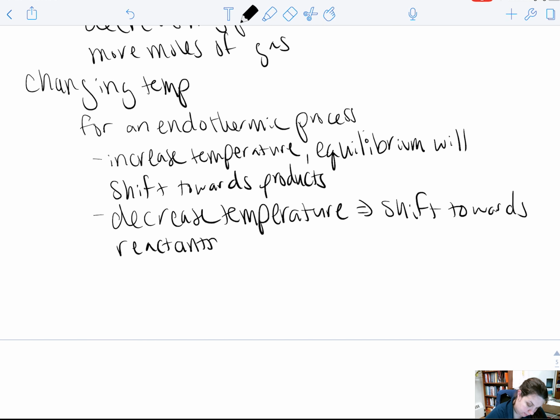Okay. For an exothermic process, it's going to be the opposite. With an exothermic process, heat is produced, so we consider it a product.